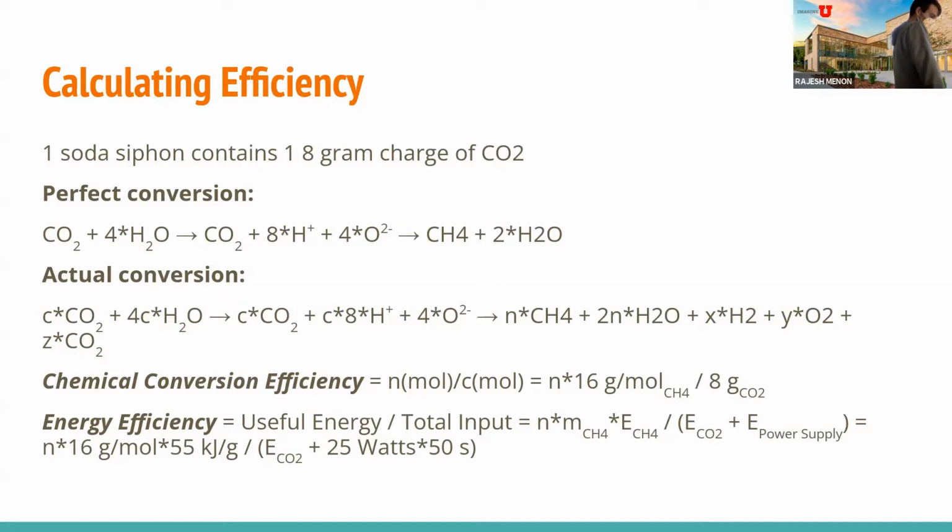So we know the total energy for our successful run. It took 25 watts. We could possibly have dialed that down lower, but I was out of CO2 charger. So basically we have 16 grams per mole times 55 kilojoules per gram over whatever the energy cost of CO2 plus the electrical costs.